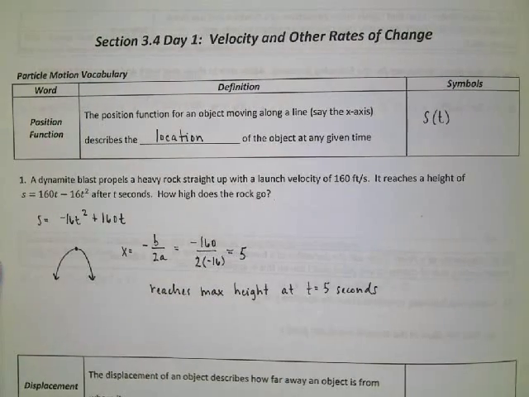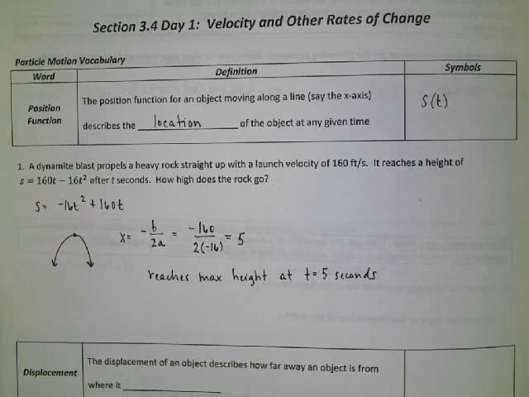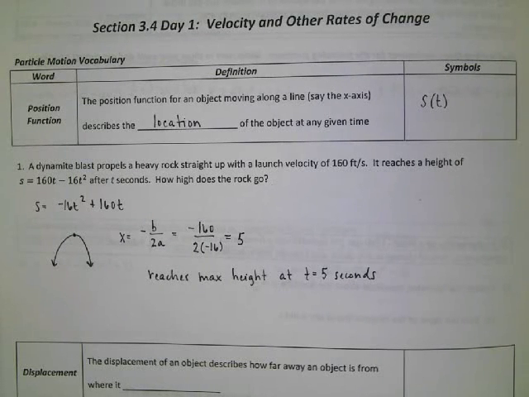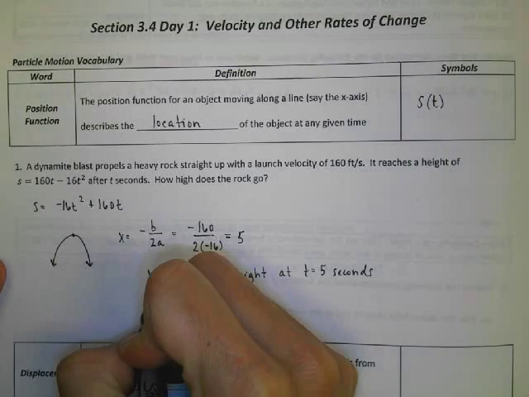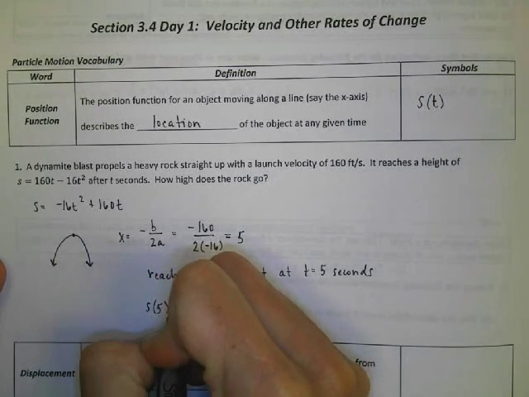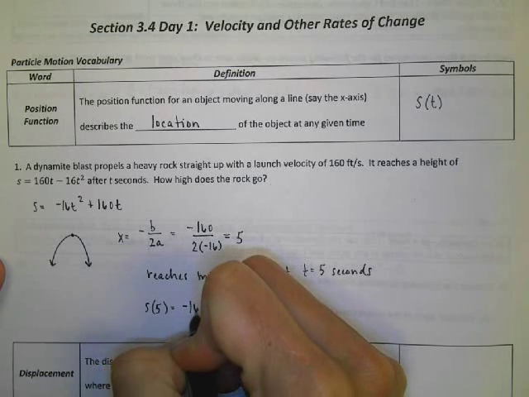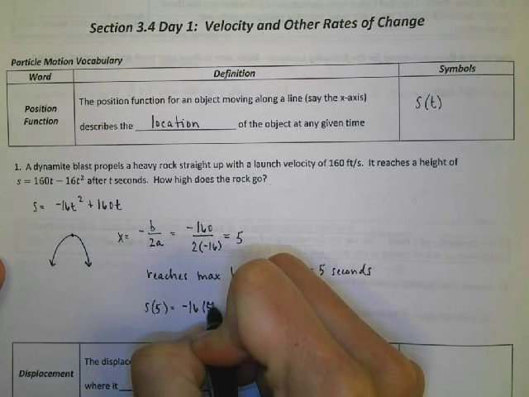But I still have a little bit of work to do because that's not what the question asked me. The question asked how high the rock goes. In other words, it wants to know what is that location of the rock at its highest point. So I'm going to use my position function here to go ahead and calculate s of 5. So I'm going to plug in 5 for t.